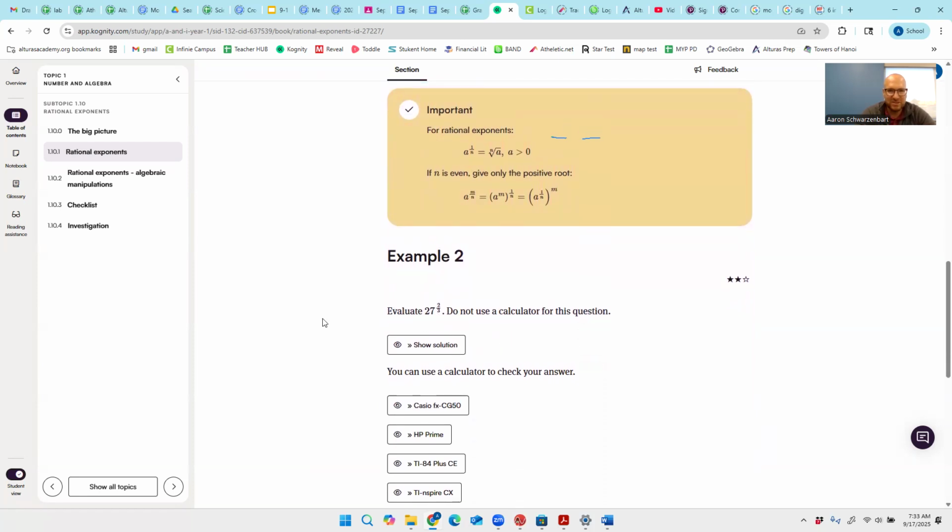So it asks us to do this one without a calculator, 27 to the 2/3. And converting, the bottom of the exponent, or the bottom of the fraction, is the root.